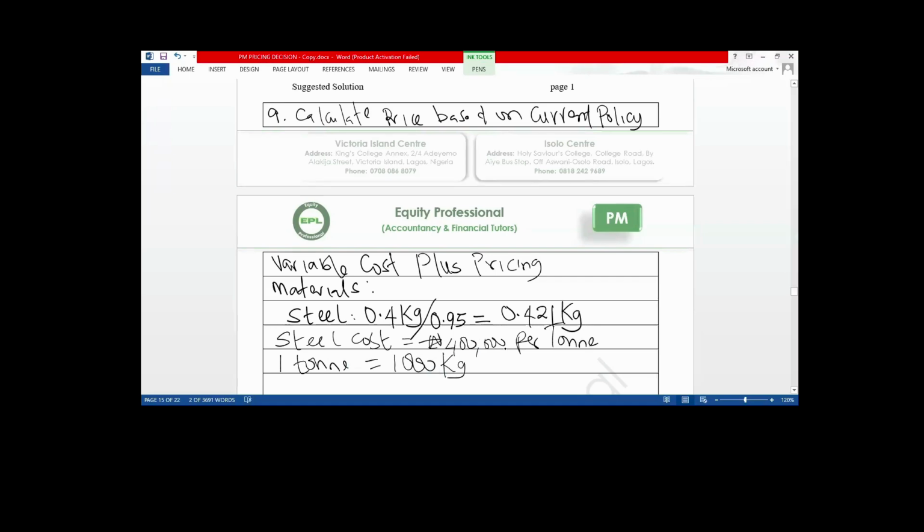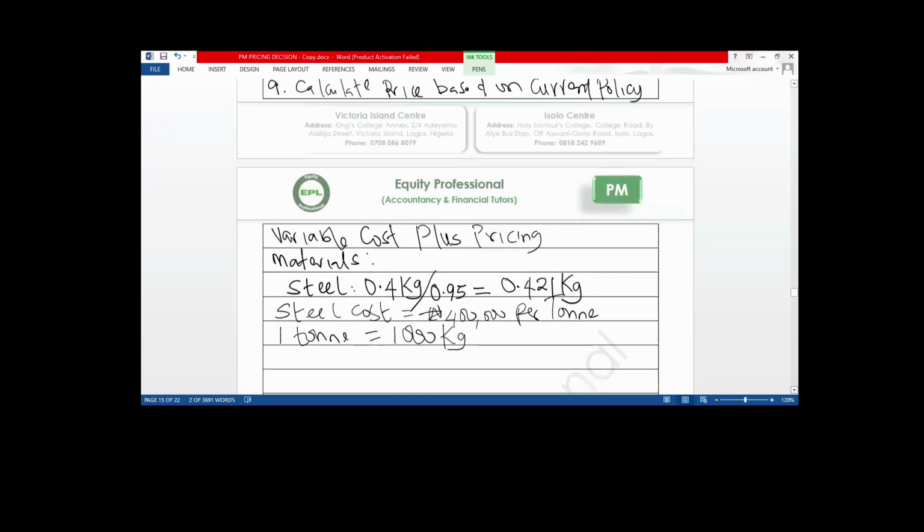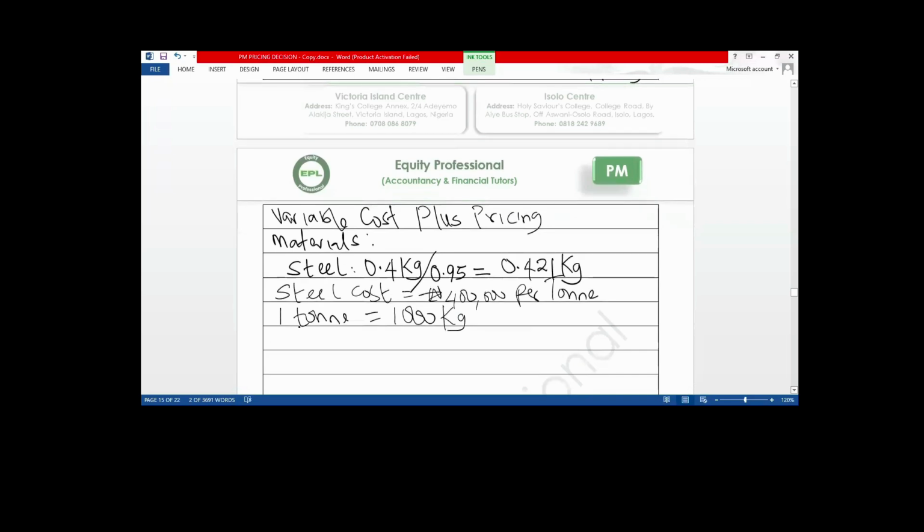Now, if I want to convert this cost to kg, steel cost per kg will be equal to 400,000 divided by 1,000, because 1 ton is equal to 1,000 kg.